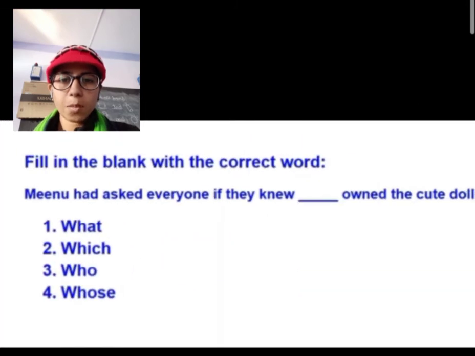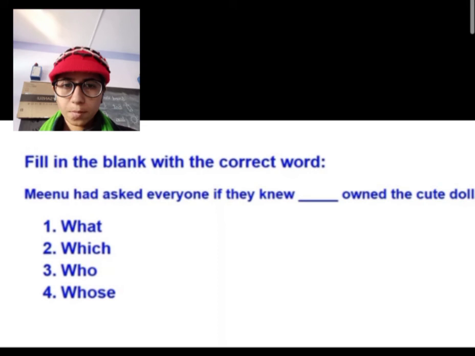The next example we have, Meenu had asked everyone if they knew blank on the cute doll. What, which, who, whose.